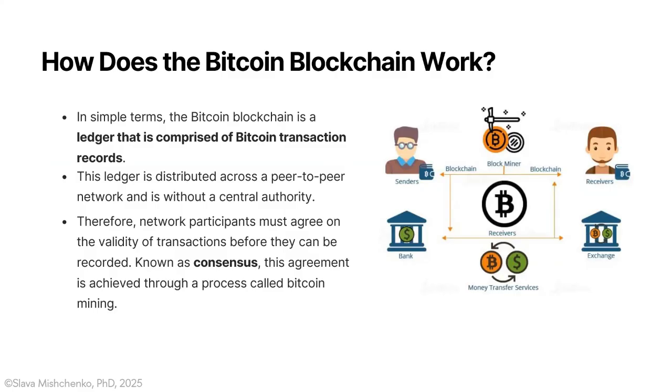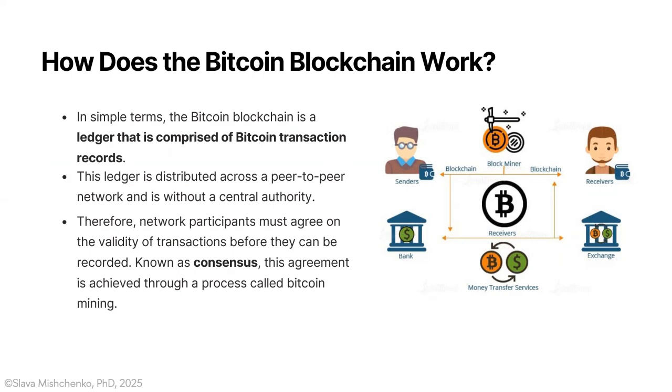These are the users conducting transactions. What I find fascinating about this system is its peer-to-peer nature, because you can notice how there is no central authority controlling the process. And instead, as shown in the center of the diagram, we have a distributed ledger. That's our blockchain, which is connecting all participants.